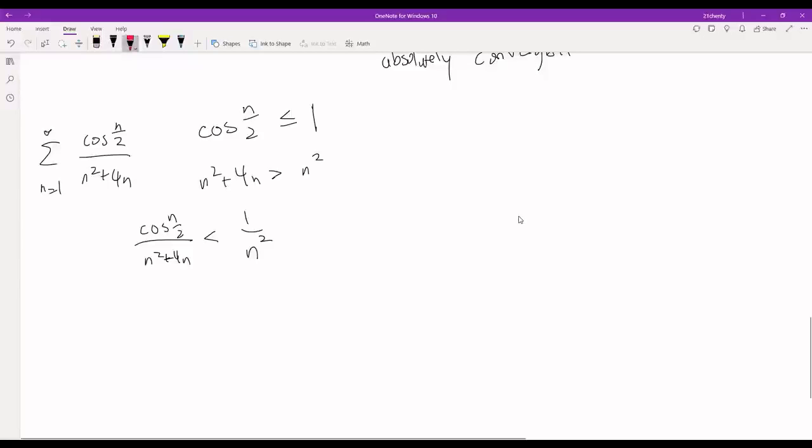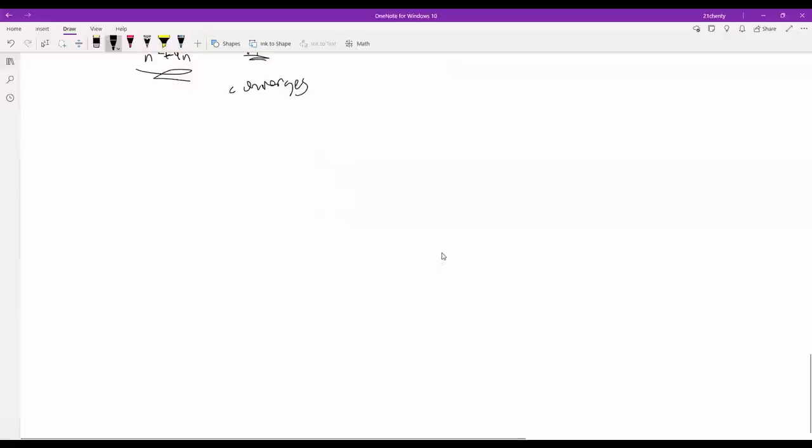And this again is a p-series where p equals 2, and therefore this converges, so this converges as well.